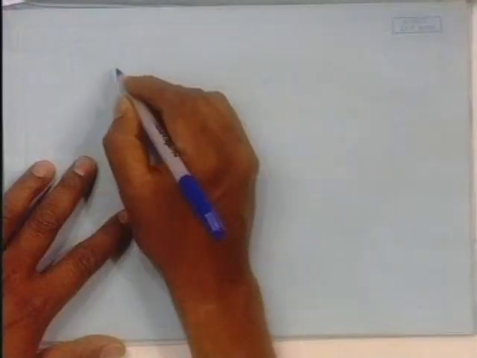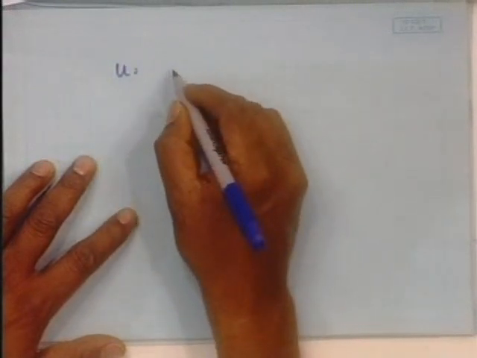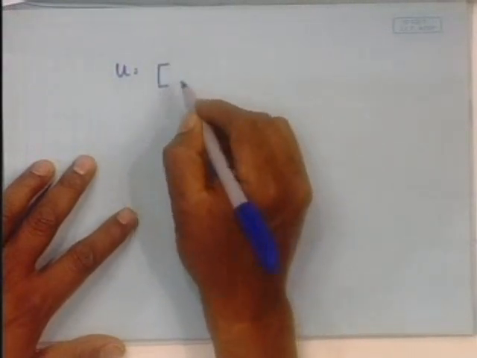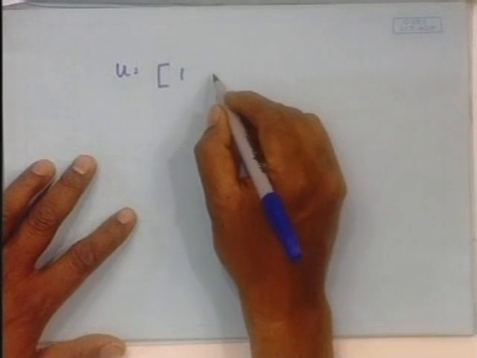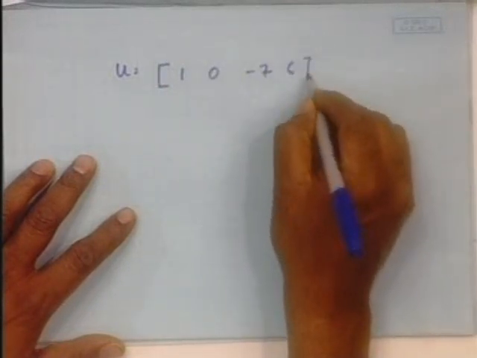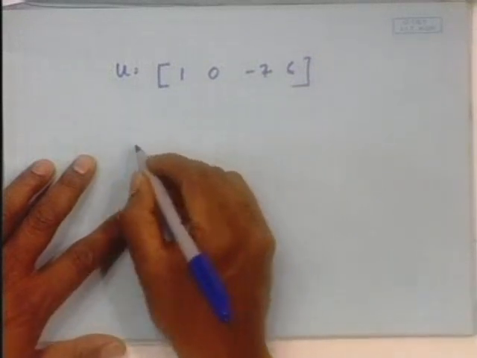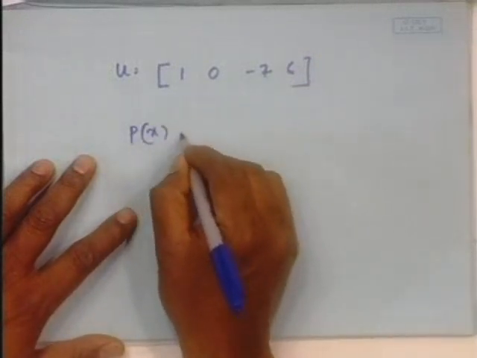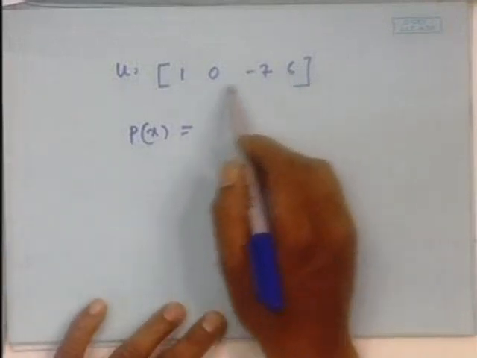So, a companion matrix you can say can be obtained from a vector u. Suppose you write a vector u which represents the coefficients of a polynomial. Suppose I write the vector u to be like this, that means this represents a polynomial p(x) which is equal to, these are 4 coefficients.